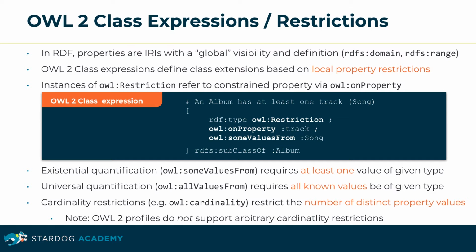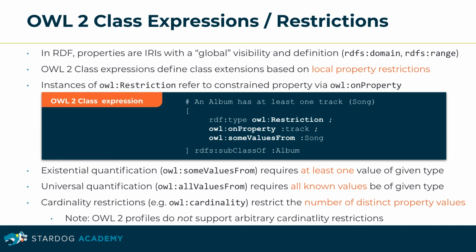In RDF, properties are IRIs with a global visibility and scope. OWL class expressions define the class extension, that is, the set of class instances, based on local property restrictions that specifically apply to instances of that class. A restriction is normally a blank node of type owl:Restriction that refers to the constraint property via the predicate owl:onProperty.